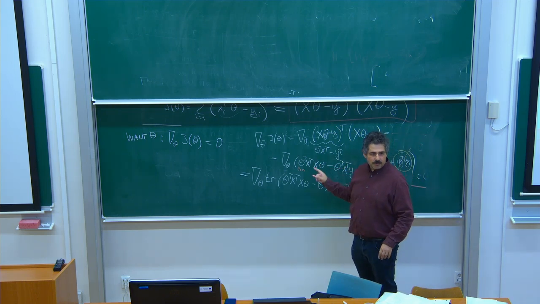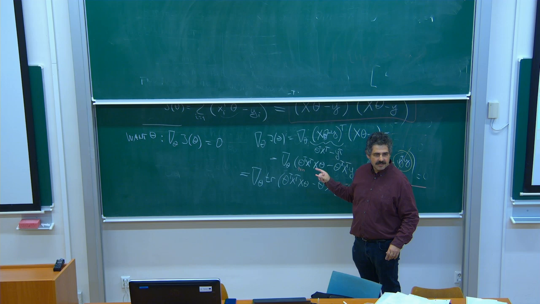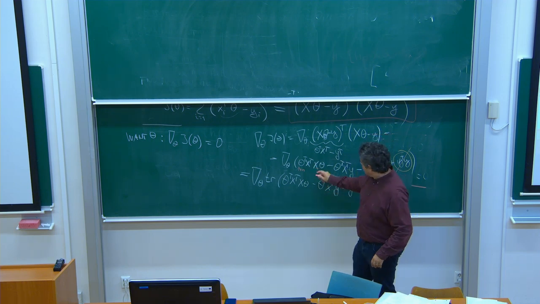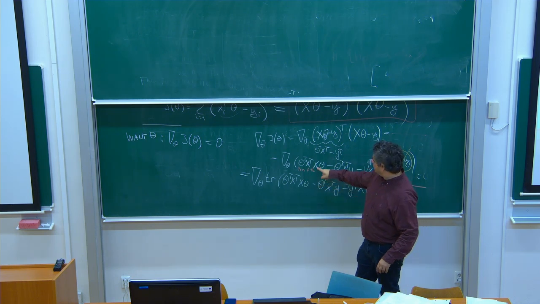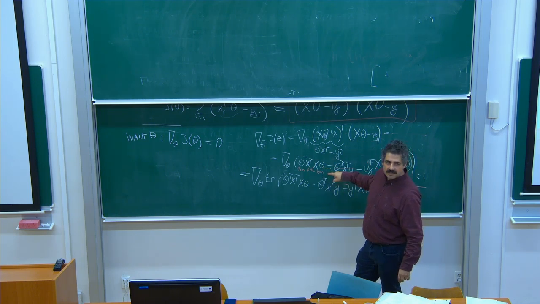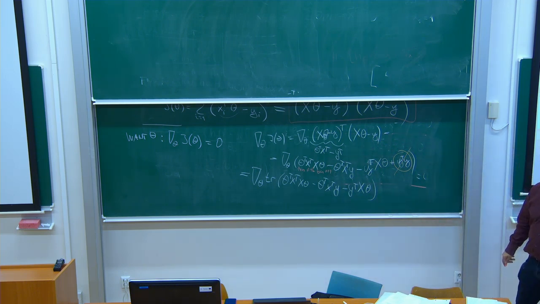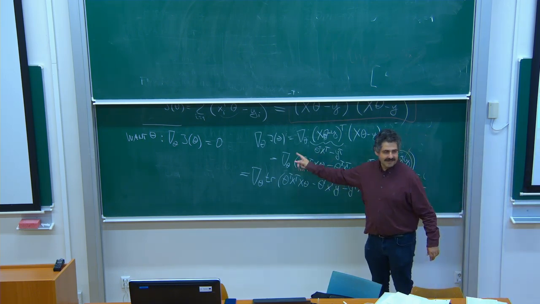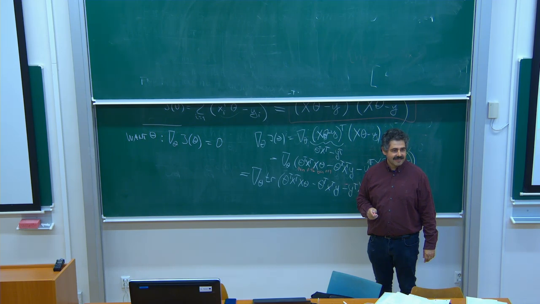This x transposed is n times t. This one is t times n, and this one is n times 1. So the result is 1 times 1, it's a number.